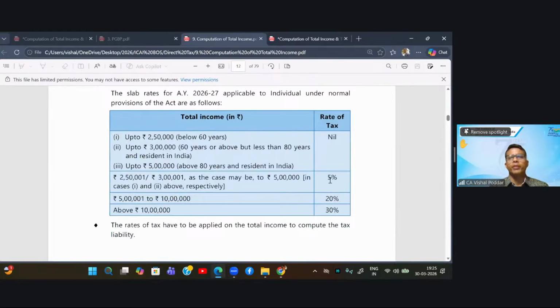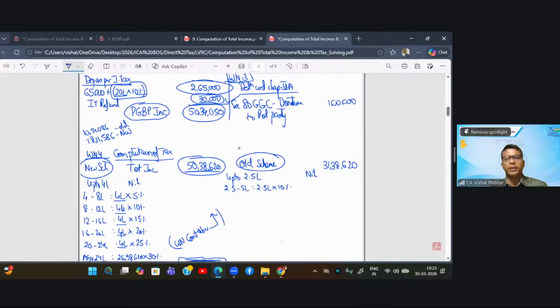Sorry, 2.5 to 5 lakhs, it is 5%, not 10. Then 5 to 10 lakhs, that is on next 5 lakhs, it is 20.